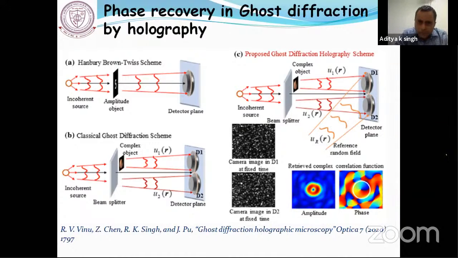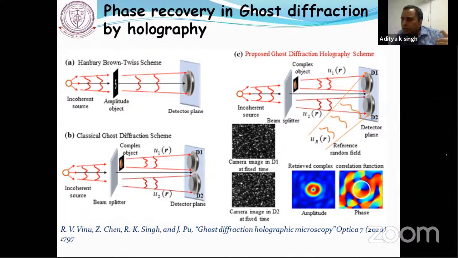If I use this feature, I can develop a holographic imaging system. The intensity correlation between these two detectors will give you interference fringes, or what we call the hologram, in intensity correlation.